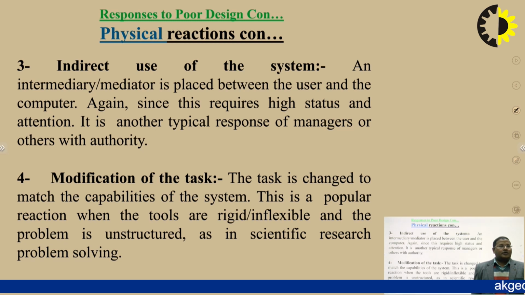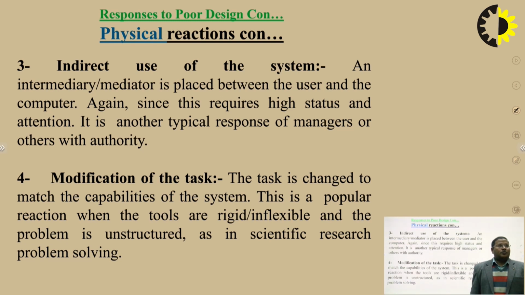The higher authority people will assign their duties to the mediator, and they will require high status and attention on that mediator. If they do not put high attention on the mediator, then errors will occur. So it is called indirect use of the system, and this is done by managerial people. It is due to poor design. Managerial people deny working with the system.